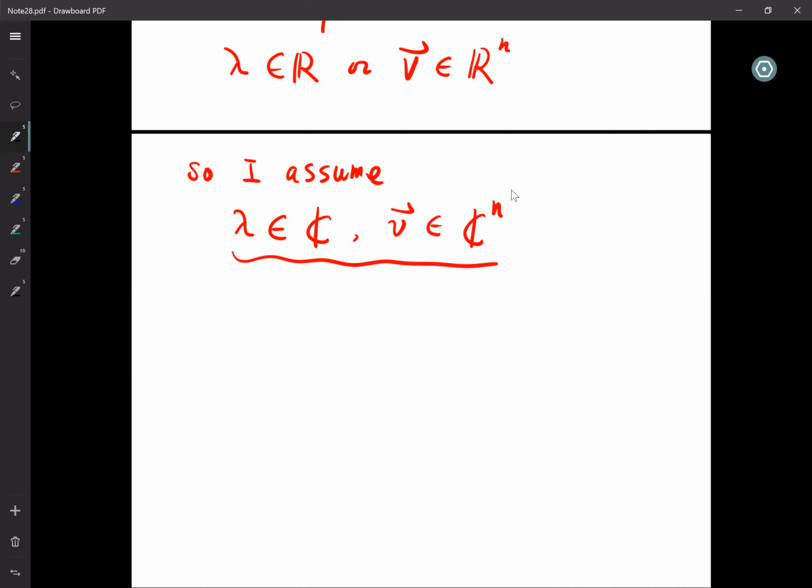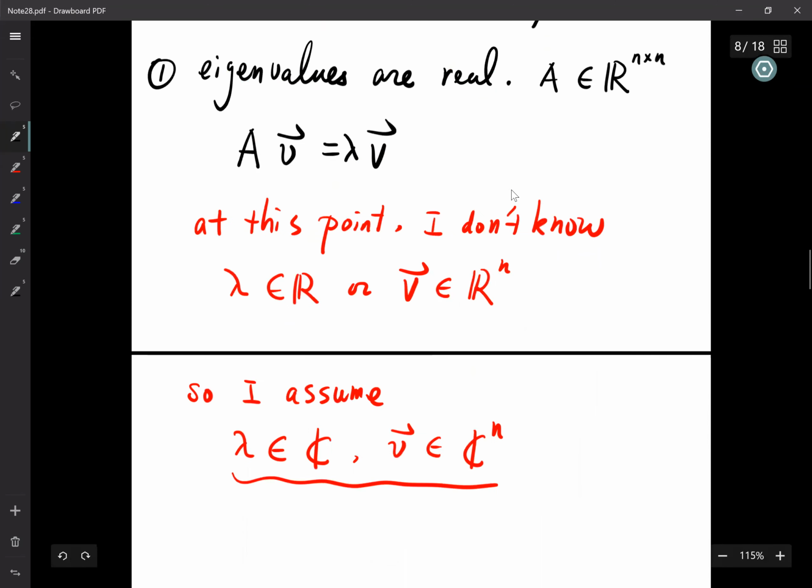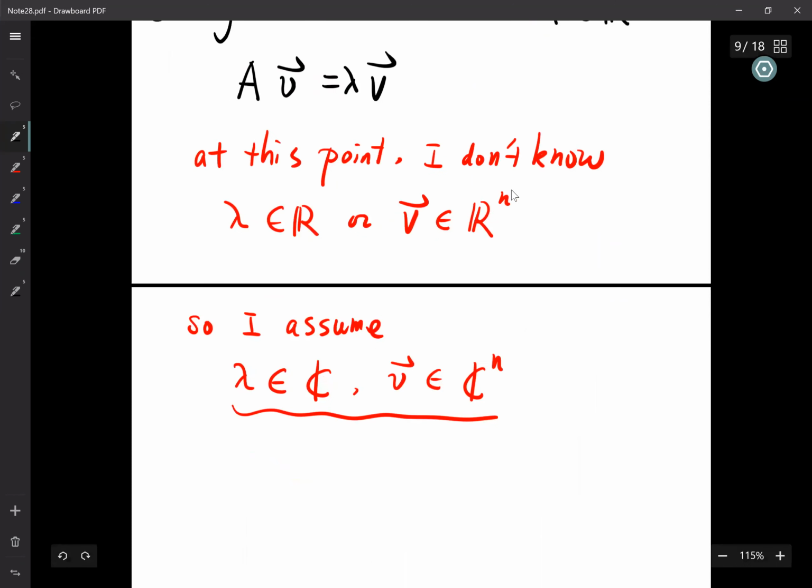Now I want to show lambda must be a real number. If I can show lambda is real, I move it to the left-hand side, then v corresponds to the null space of A minus lambda I, which is a real matrix, then v must be real by the Gauss elimination procedure.